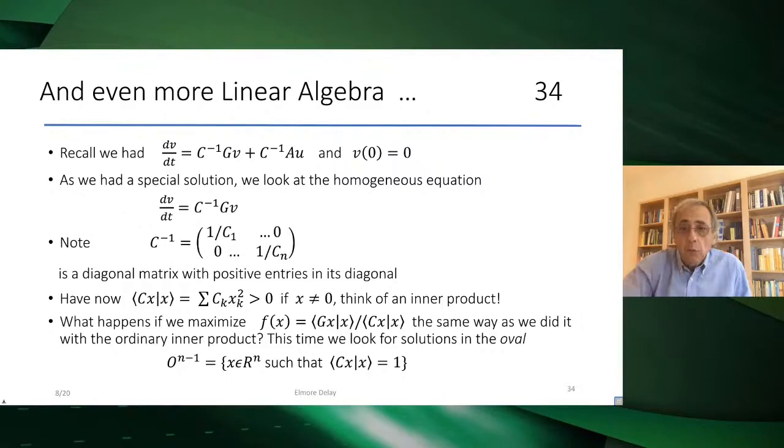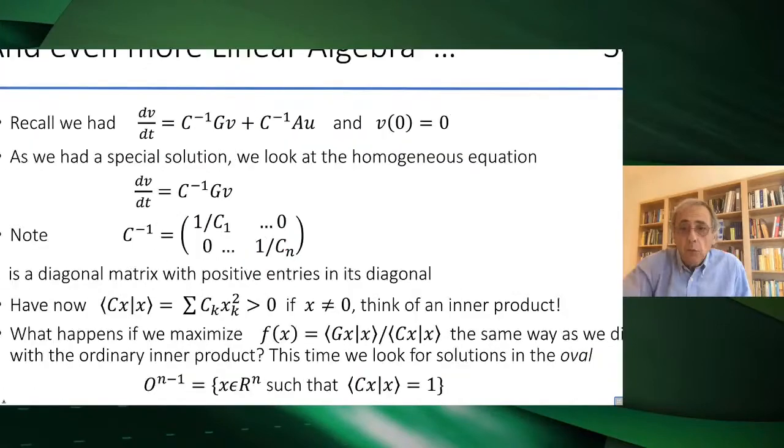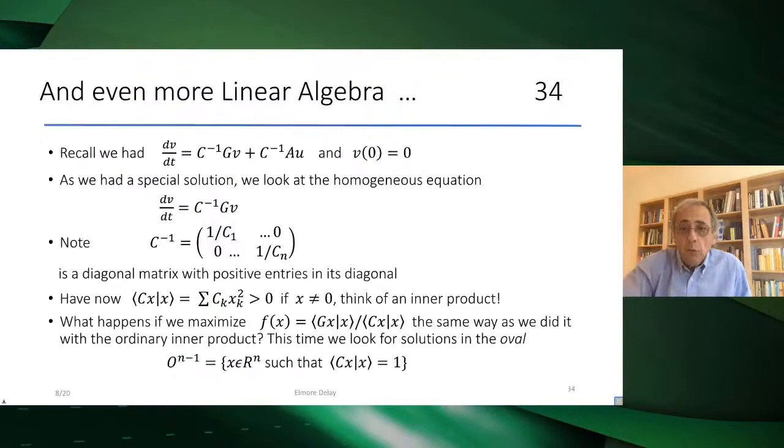For the following reason: if we go back to the original equation, we have C minus 1 is this. As opposed to the sum of the squares of the matrix, we could scale them by the capacitance. This behaves exactly the way as the normal inner product, except that now we would be working in an oval. In the case of the two-dimensional plane, it would be an ellipse.